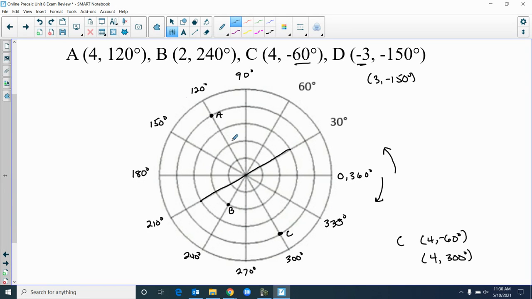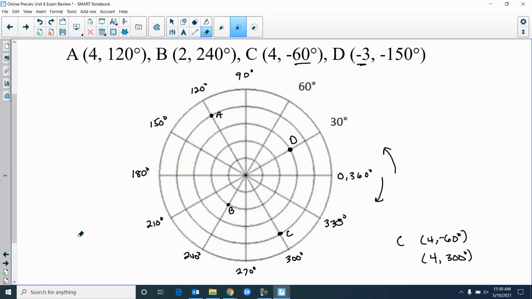So I'm going to take that line out. And so it's going to be right here. That will be point D. If it's a negative radius, you go through the origin to the other side. That would also be the same as 330 degrees. So different ways to label the same point.